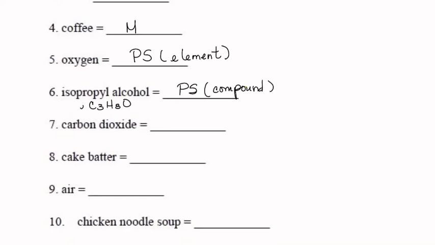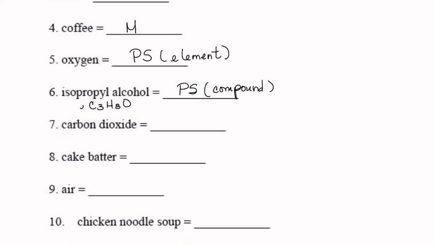So if you see a general name, and then you see the chemical formula, and there are symbols and numbers in the bottom of the symbols, then you know that that is going to be a compound, okay? Put a 1 in the chat if that makes sense.